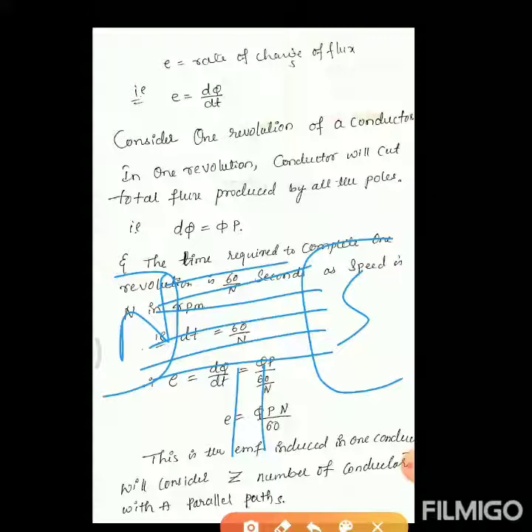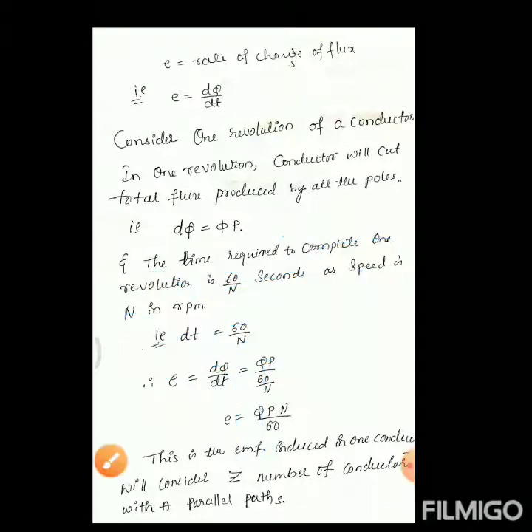If this conductor completes one revolution, the total flux cut will be phi into P, since it has crossed all the poles. Therefore the change in flux is phi into P.